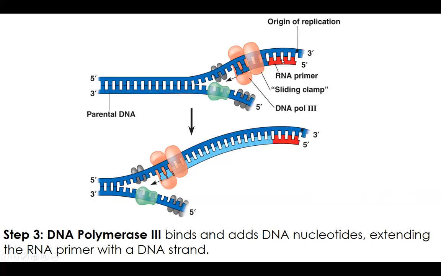We're ready to go. Remember that we can only add on to the 3' end, which on this top strand is the left-hand side. We can only add going to the left. DNA polymerase works the same way. Here we go. Okay, and you may notice that this is called a sliding clamp. Notice that this is in two pieces.